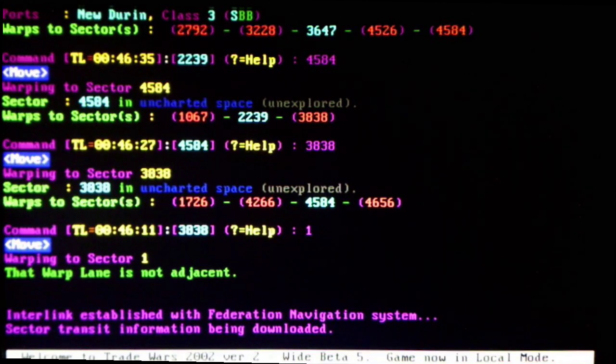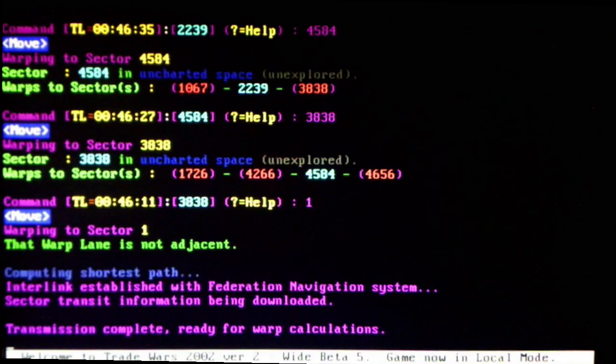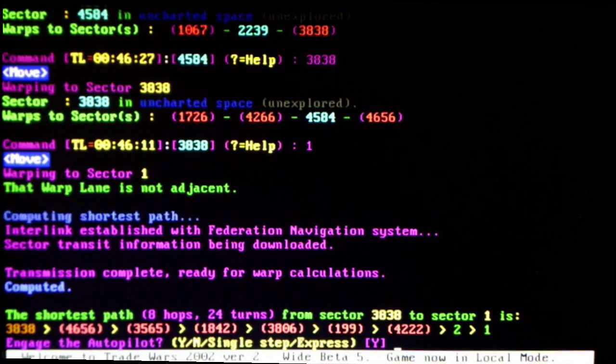This might be where having a NXT is killing us on the warp calculations. Strangely enough, I don't ever recall this being an issue. So, oh, there we go. We're going through a bunch of sectors that we haven't been in. So let's go single.